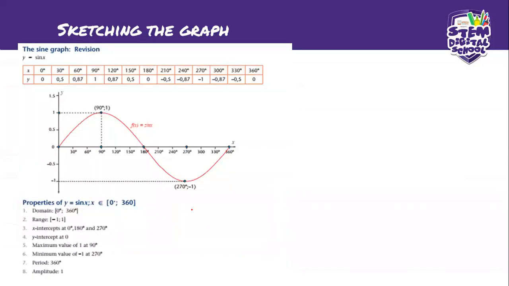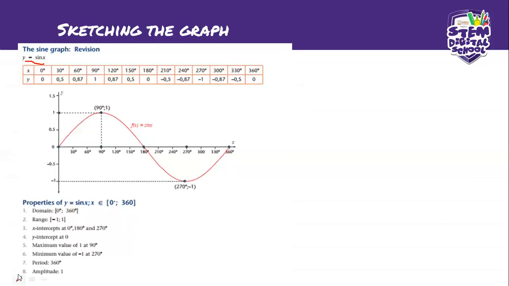All right. Now, like we said, we are going to take you through sketching the graph of sine, cos, and tan. So I'm going to show you how easy it is to plot the graph of this one, which is the sine graph. Now we can see on the screen, this is the original graph.